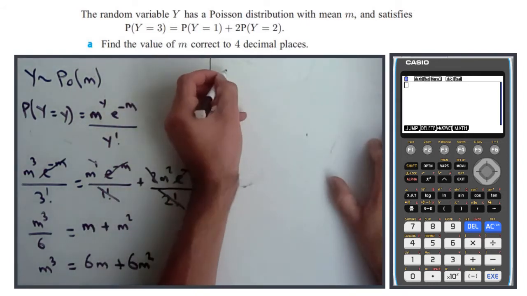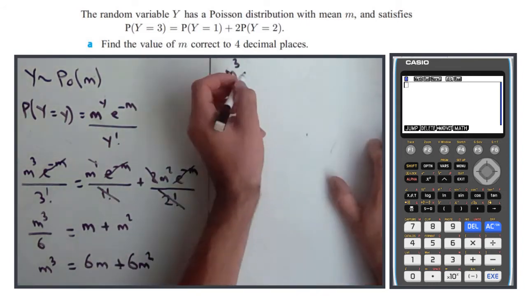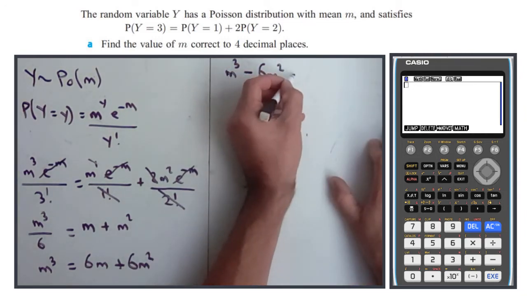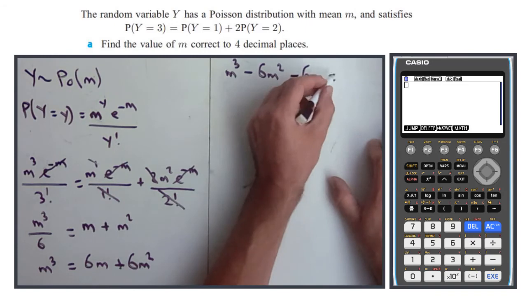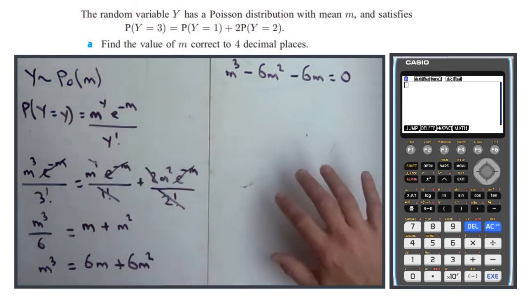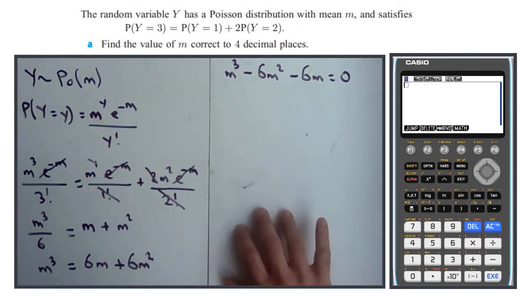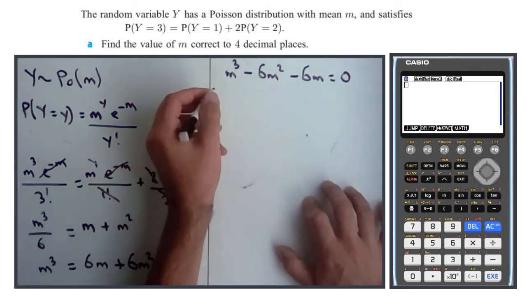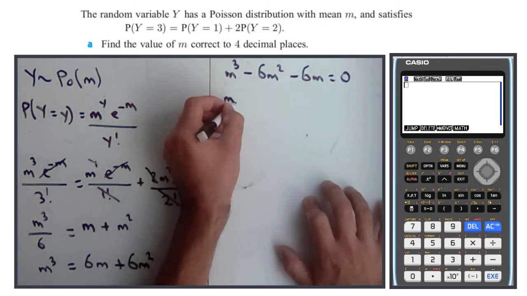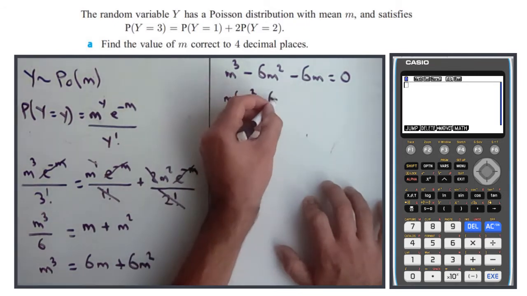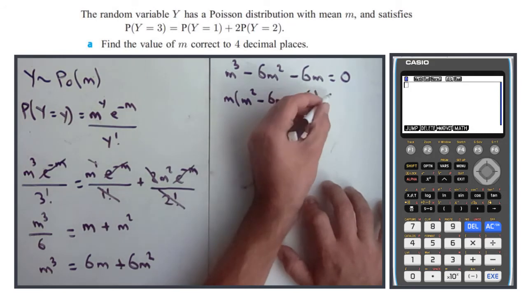So I would say m cubed minus 6m squared minus 6m equals 0. You have a common factor of m in all of these. You don't want to be dividing through by m, because it's bad practice anyway. So I'm going to say m(m squared minus 6m minus 6) = 0.